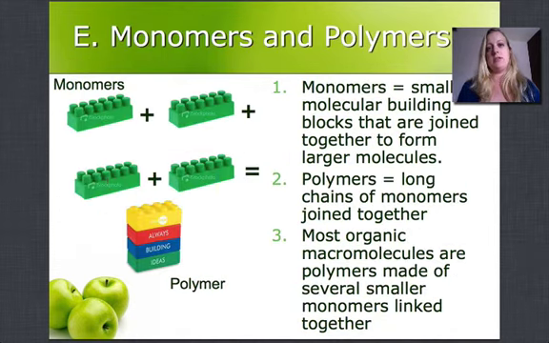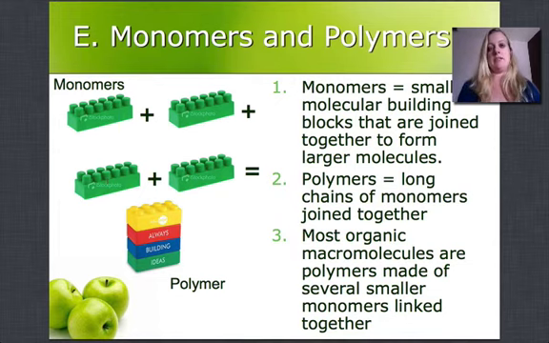So monomers and polymers. So mono, remember, means one. So these are small building blocks. Okay, you could think about them like blocks. So a monomer then would be one block, and if you were to stack those blocks together, you would make a much larger tower or a larger block, and that would be an example of a polymer.